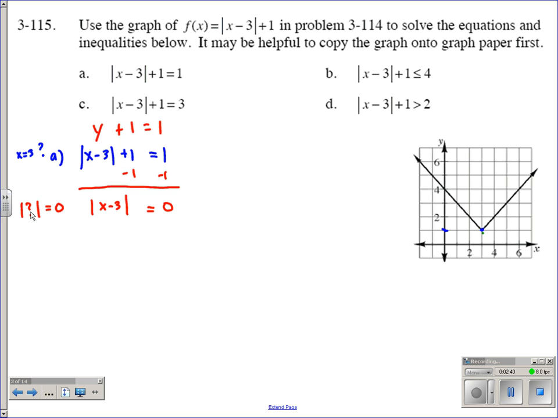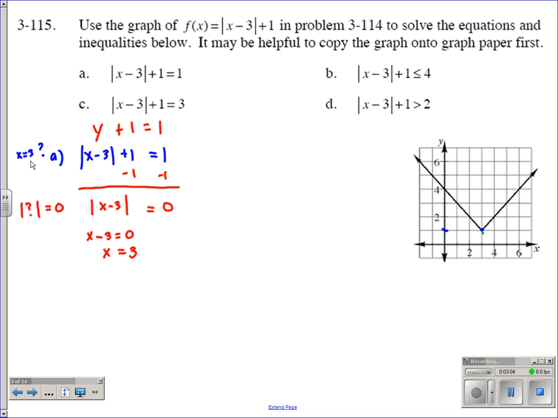So whatever we have inside of our absolute value bracket has to end up equaling 0. So we have this expression, x minus 3, and it has to equal 0. So let's set it equal to 0. x minus 3 equals 0. Solve it for x, and we get x equals 3.